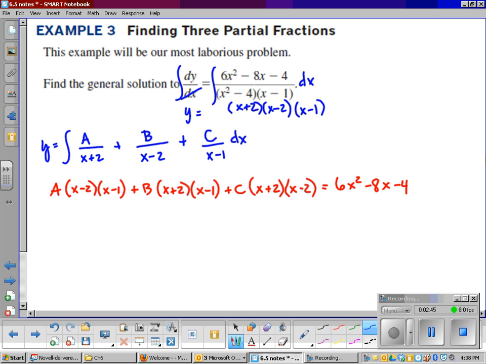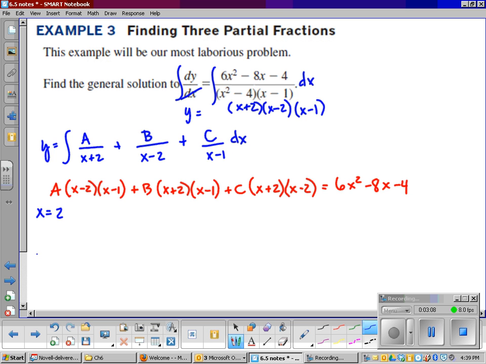So a bit more work. Again, you want to choose an x for every zero of every factor chosen. So if I let x be 2, then this 0 right here is going to take out this term. Notice that it's also going to take out this term right here, because that factor will be 0. And it's going to leave us just b.